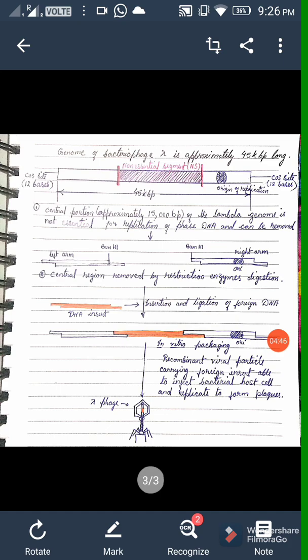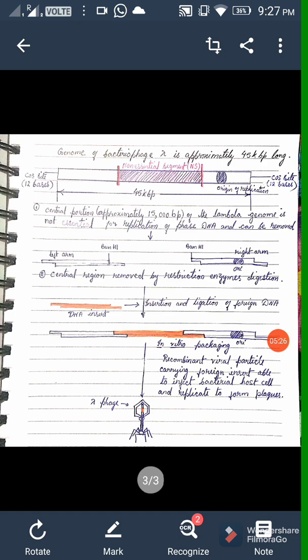So the lambda vectors can carry over 24 kb of cloned DNA. You can see here in the last figure, when we insert our gene of interest, this whole lambda DNA must be larger than 38 kilobase pairs, and it should be smaller than 52 kb in order to be packaged into the phage particles.